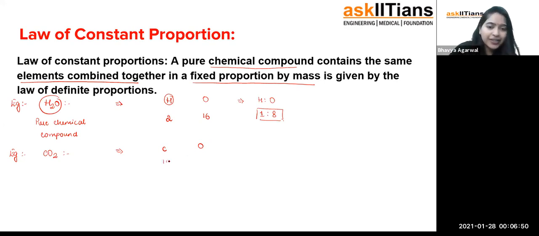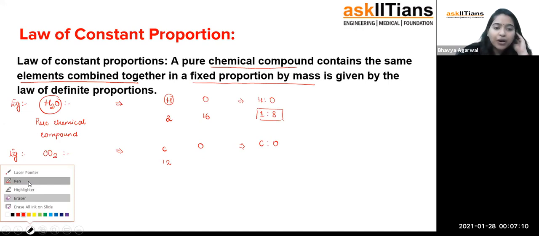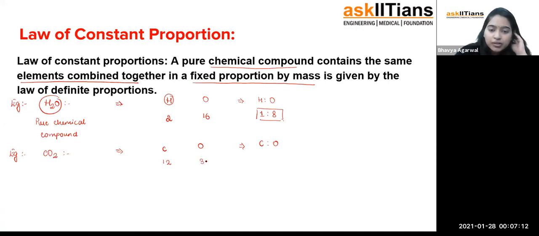Since it is CO2, oxygen's total mass is 32 and not 16, because there are 2 oxygen atoms.